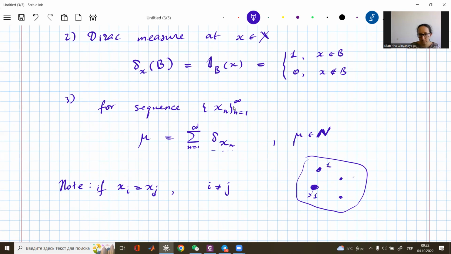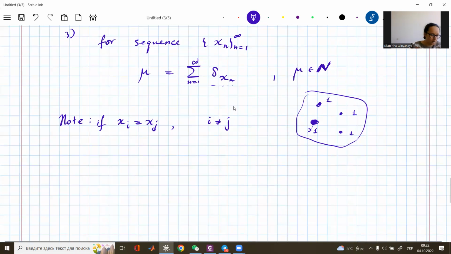Here the mass is 1, but at some points it can be that the weight is more than 1, and in this case we will say that mu has multiplicities.